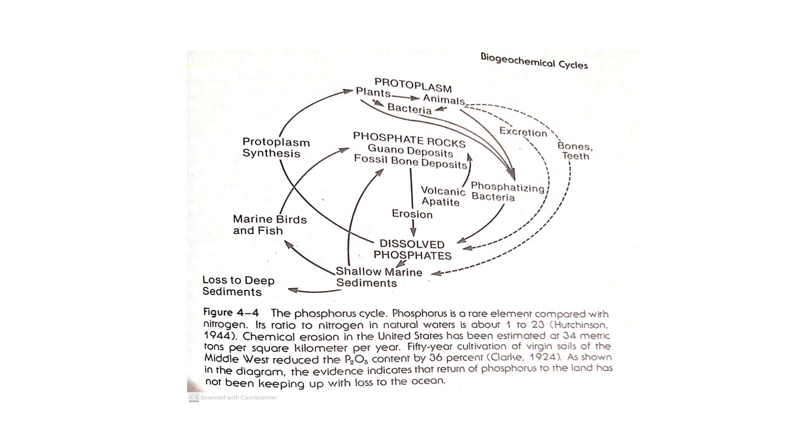These dissolved phosphates, which have been produced as a result of the erosion of the phosphate rocks, are taken up as raw material for protoplasm synthesis, and this protoplasm of the plants is taken up by the animals through the food chains. These animals generally excrete, or are acted upon by the phosphatizing bacteria, or their teeth and bones are acted upon by different factors, so they return the phosphates back to the dissolved phosphates.